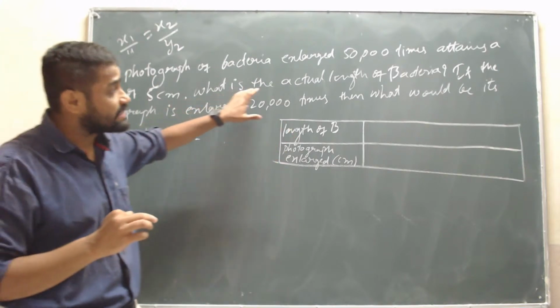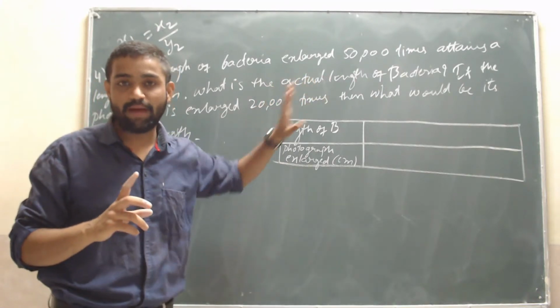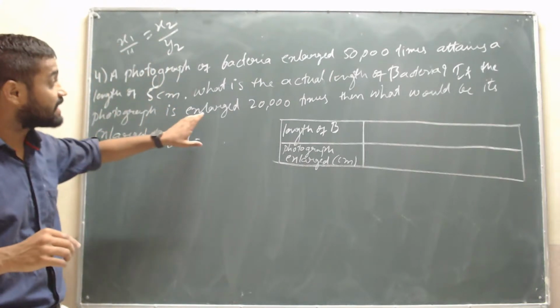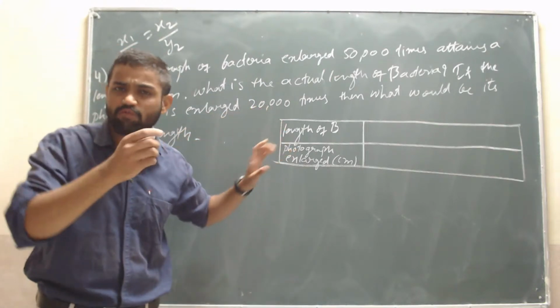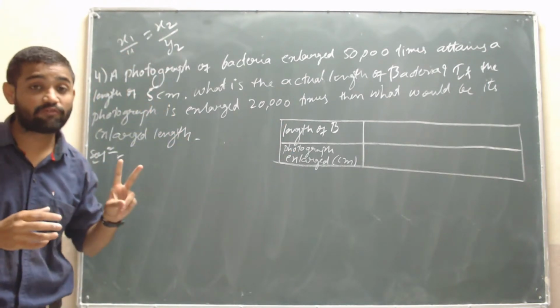Then what is the actual length of bacteria? And if the photograph is enlarged 20,000 times, then what would be the length of bacteria? These two we have to find out.